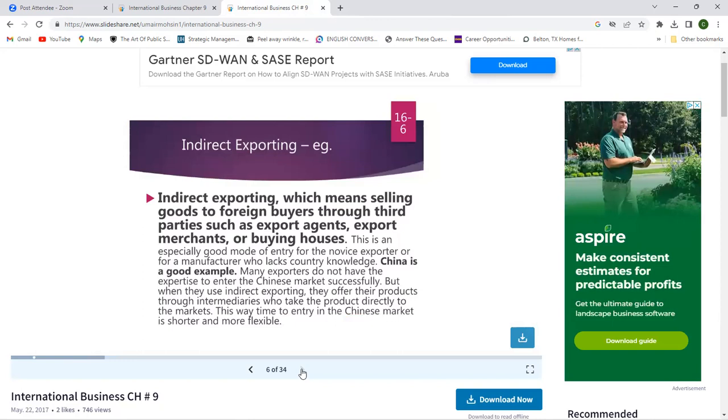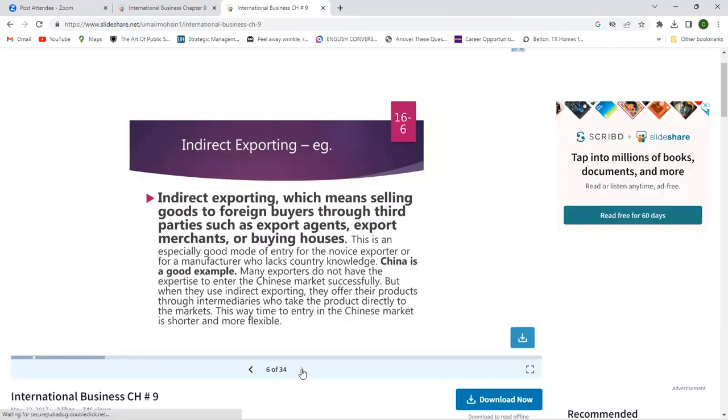This is an especially good mode of entry for a novice exporter or a manufacturer who lacks country knowledge. China is a good example. Many exporters do not have the expertise to enter the Chinese market successfully, but when they use indirect exporting, they offer their products through intermediaries who take the product directly to the market. This is a shorter, more flexible way to enter the Chinese market.